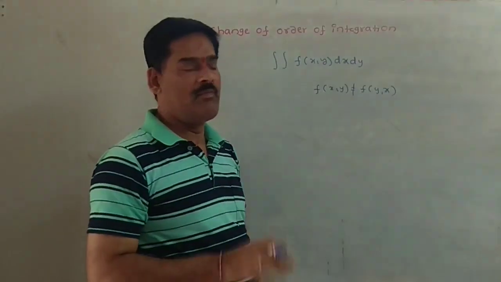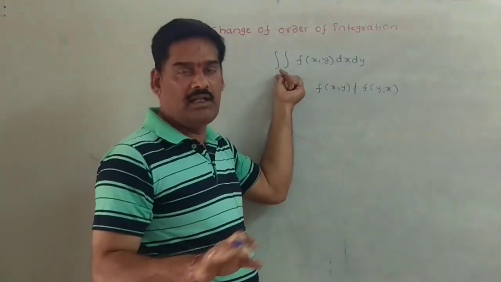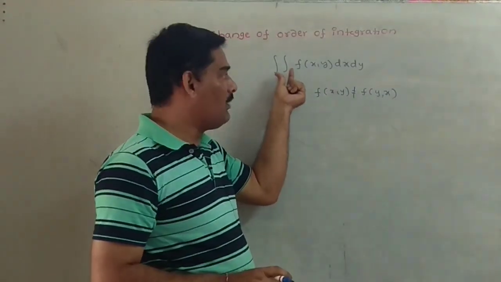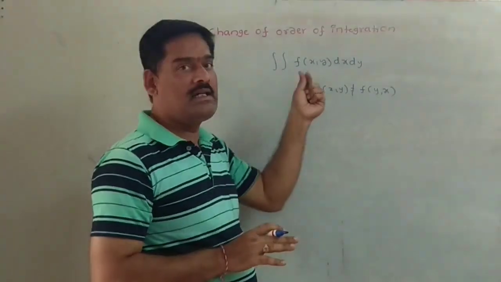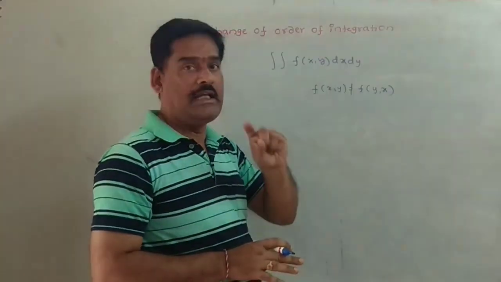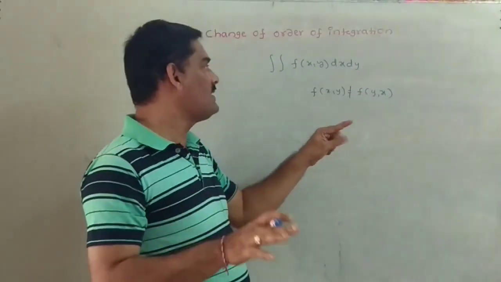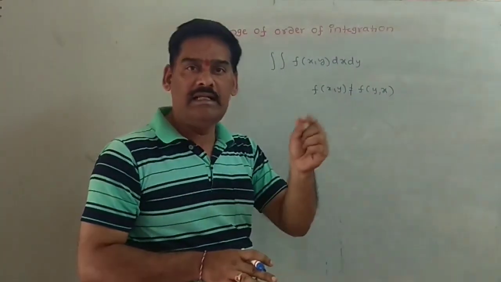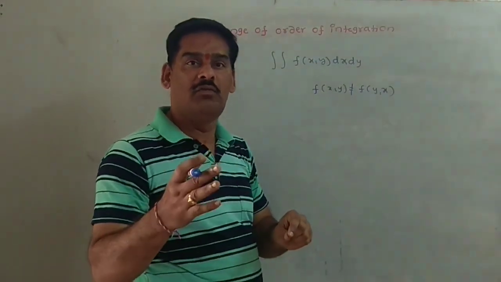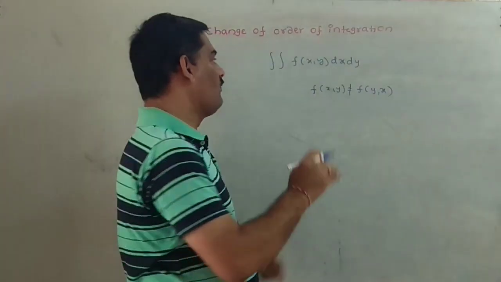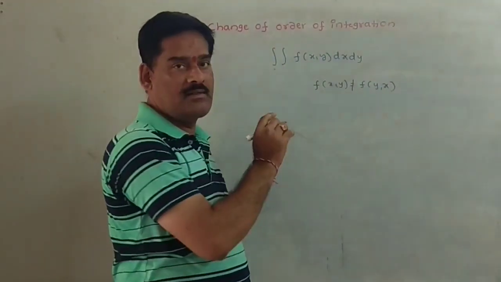Now the problem is when the limits are not real numbers, they are represented in terms of variables. So if the limits are involving the variables, in that case, what is the integration order? The first thing is, whatever may be the integral involving the variables, first you try to find out that integral first. For example, first integral consists of only the real numbers.